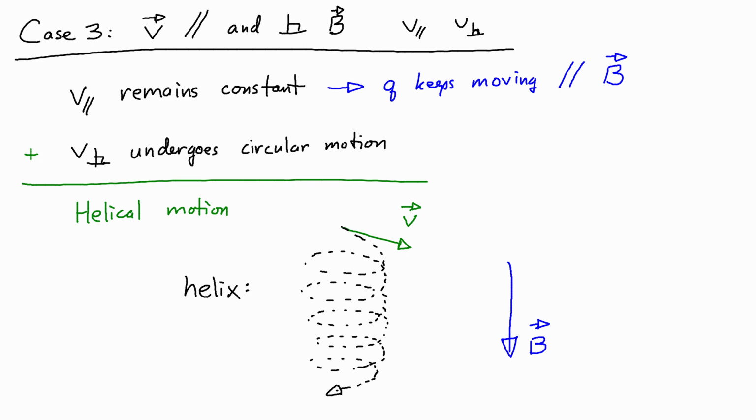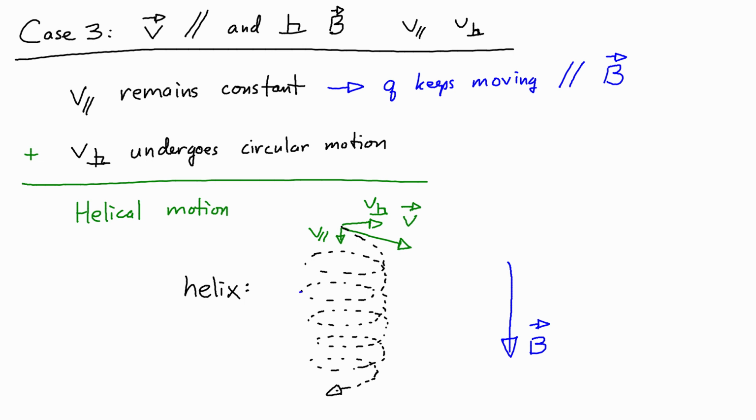So at that point in time, this particle will have a component of velocity that is parallel to the magnetic field, and that component doesn't change, that's constant. Then there's another component of the velocity that is perpendicular to the magnetic field, and it's the perpendicular component of the velocity that causes the uniform circular motion.